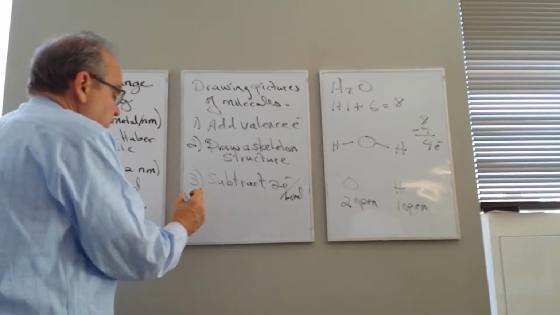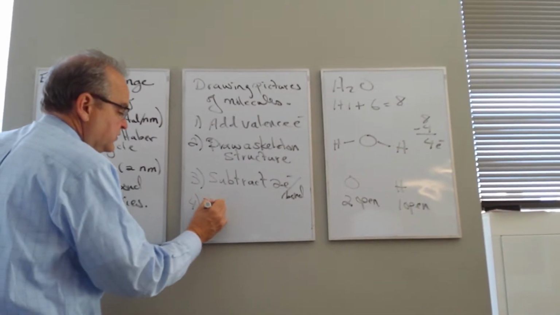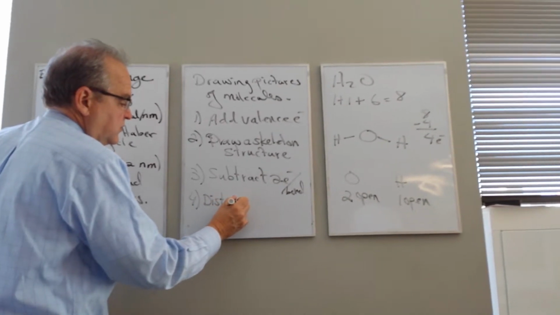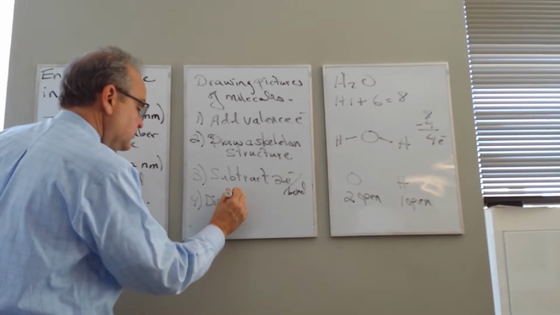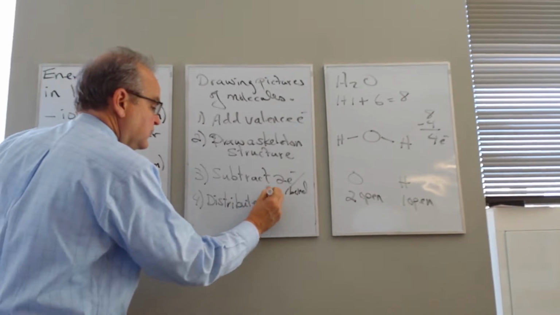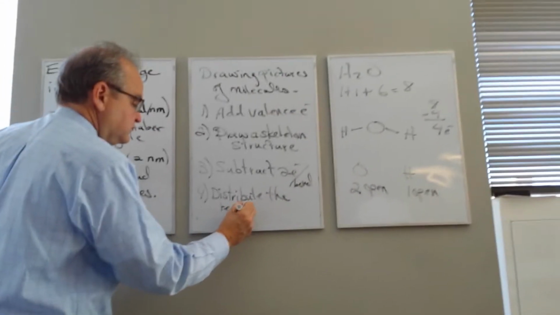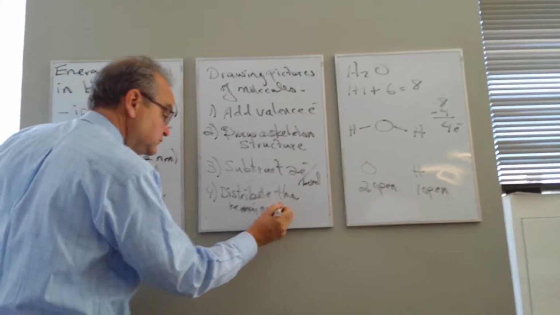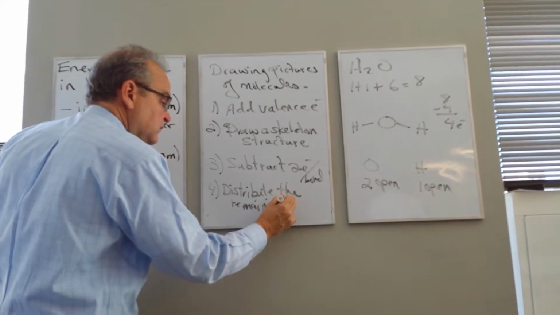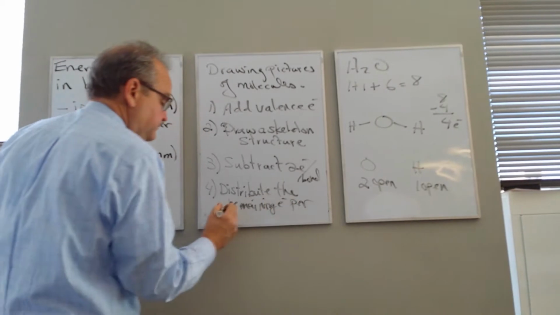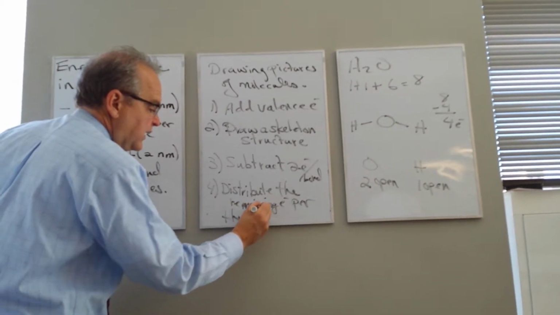Okay, so the fourth step is distribute the remaining electrons per the octet rule. What do you think octet means?